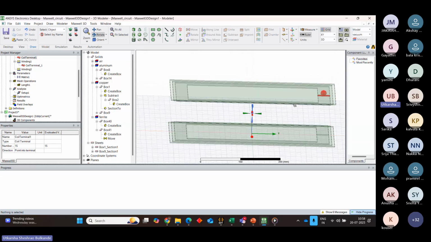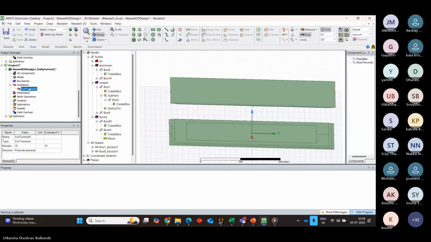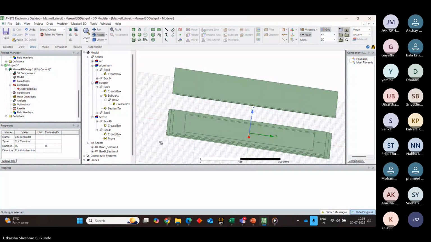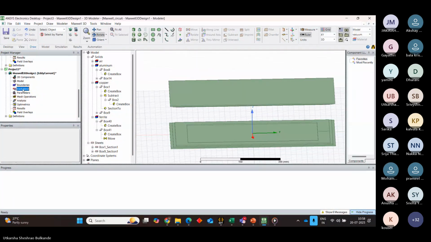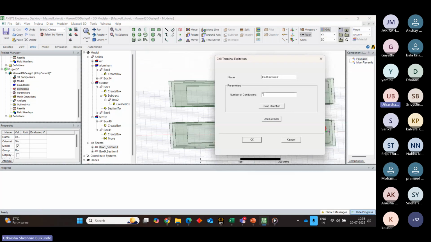So whatever direction you choose, it should be the same. Assign excitation, coil terminal, 15, call it primary.